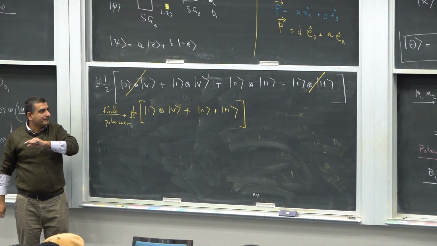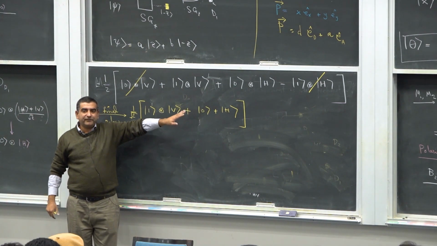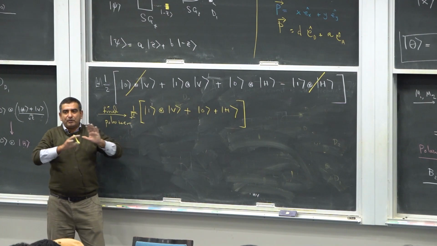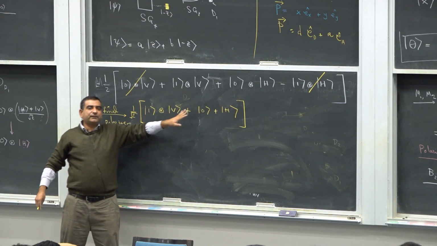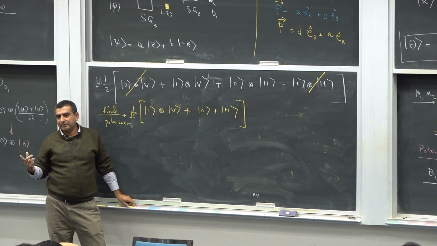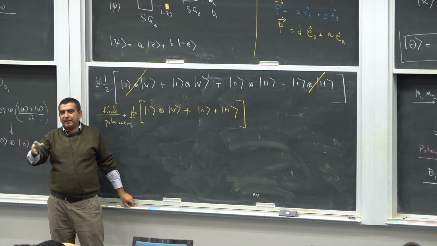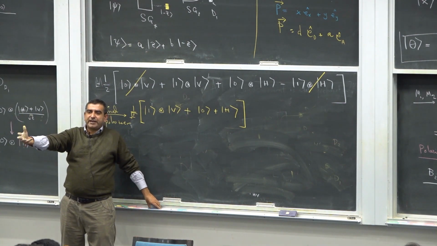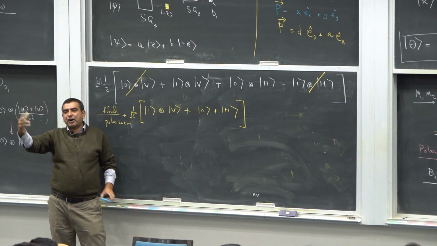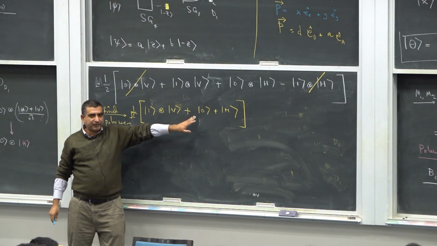Which means when I do a measurement, when a detector clicks, any of these terms is going to produce a result, which means collapse is going to take place. Projection is going to take place. The two possible output channels are ket 0 and ket 1.